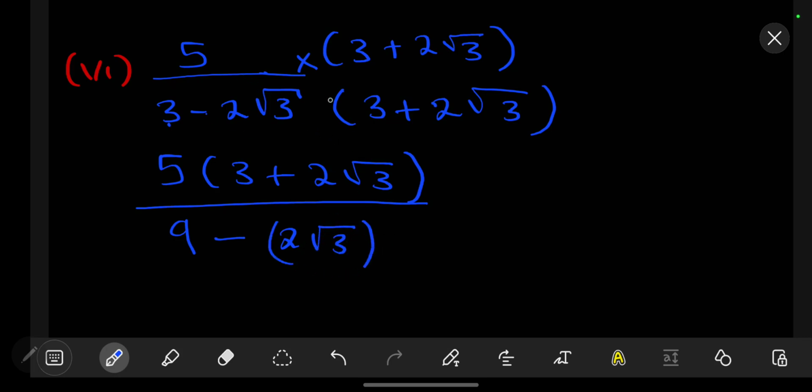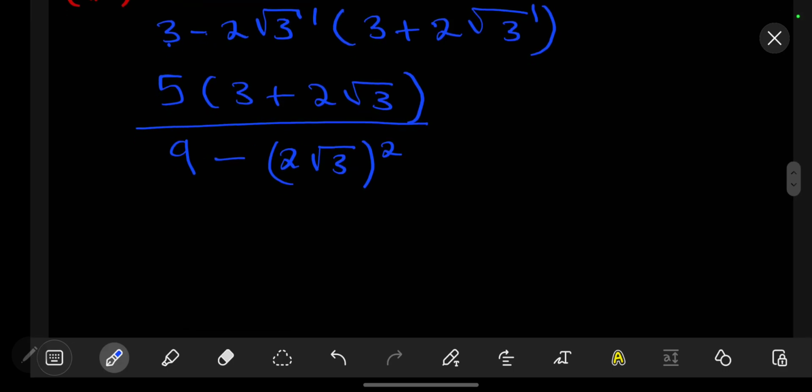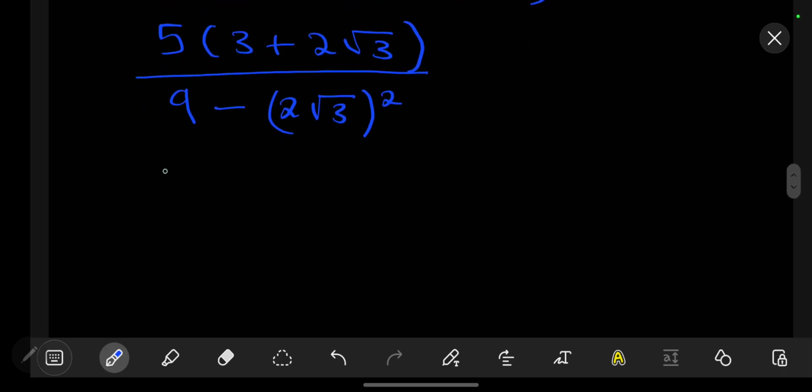Then here we have 1, here we have 1, we are going to square this. So this is the same as having 5 times 3, we are going to have a 15. Then we have plus 5 times 2, we are going to have a 10. Then we have the square root of 3 like that, because 2 times 5 gives us 10.